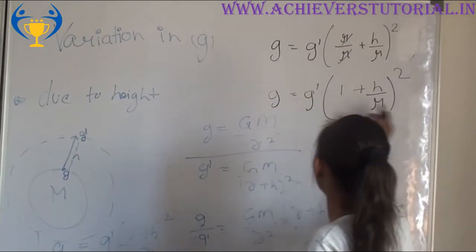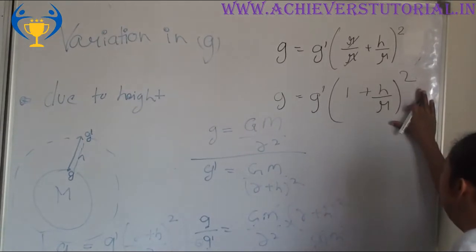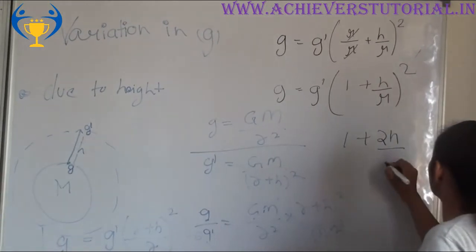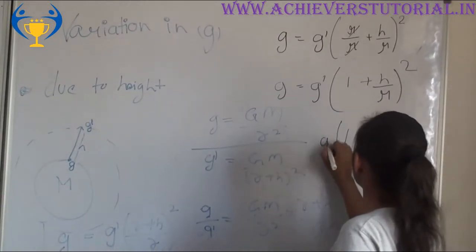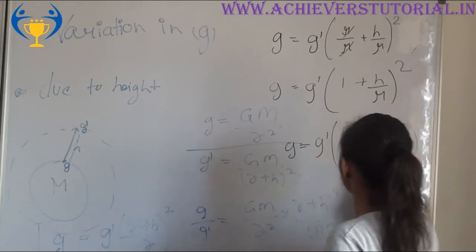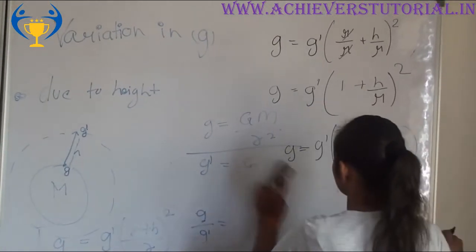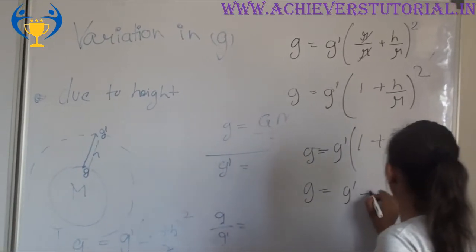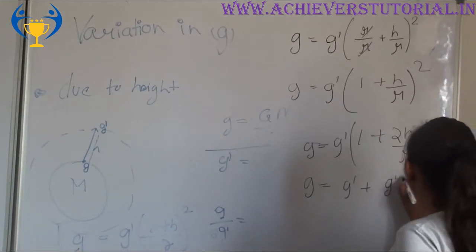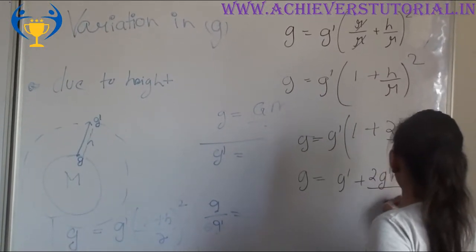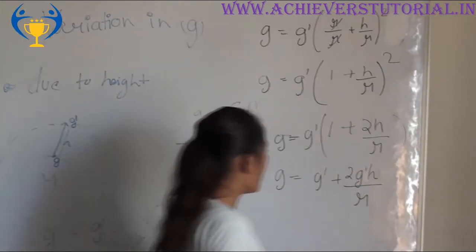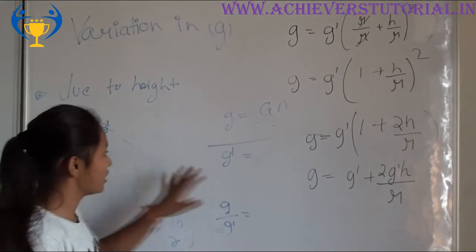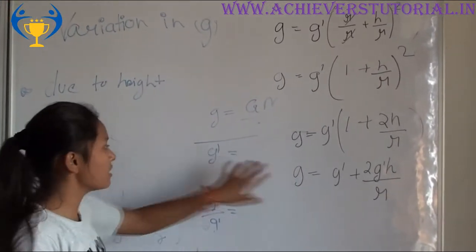By using binomial theorem, it takes 2 here and it's at surface equals to g plus some value.